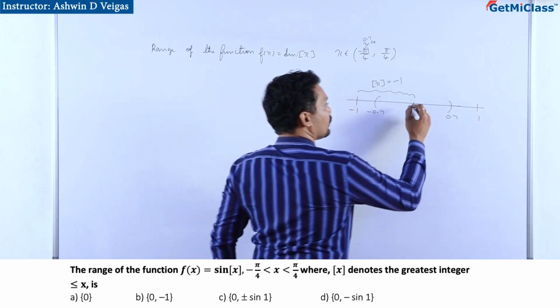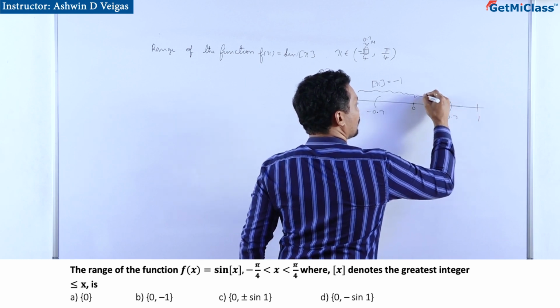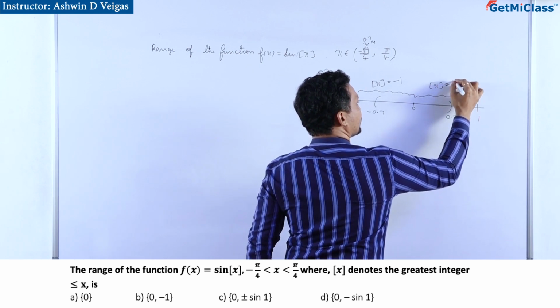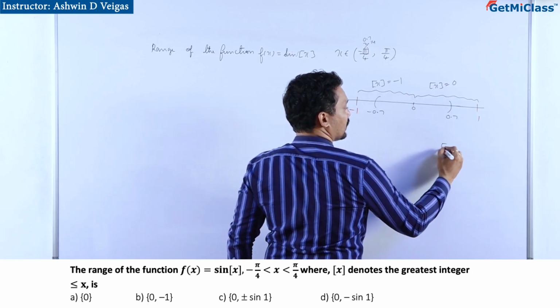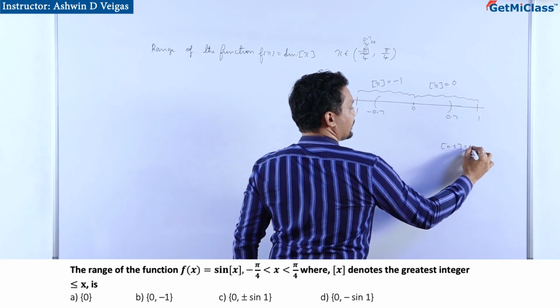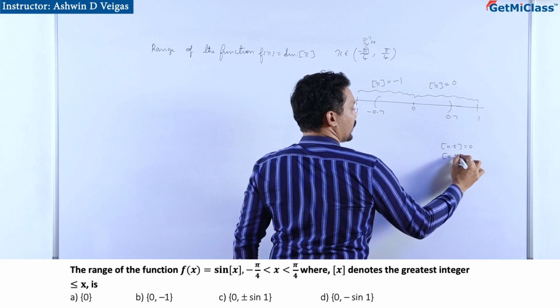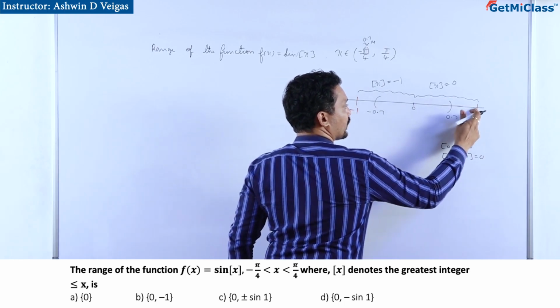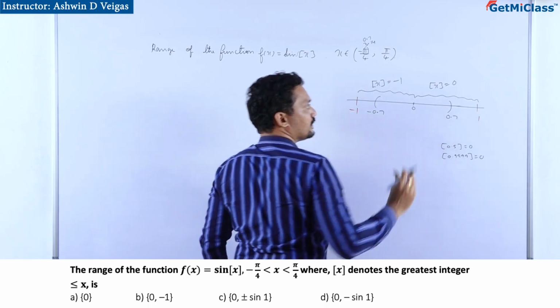And if you analyze from 0 to 1, greatest integer of x always takes the value 0. For example, greatest integer of 0.5 is 0, greatest integer of 0.9999 is 0. So every number from 0 to 1 has greatest integer value 0.